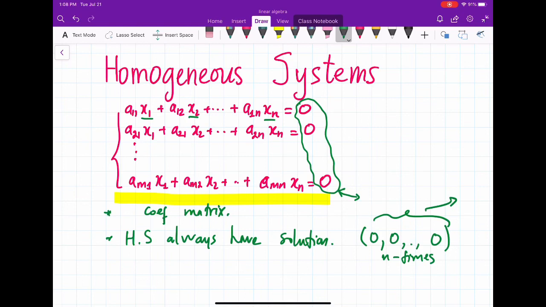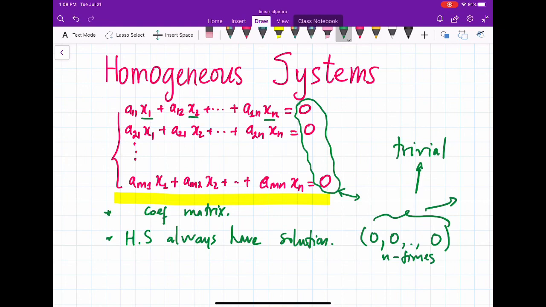Maybe just the zero solution, which we sometimes call the trivial solution. If a homogeneous system has another, non-trivial solution, that means the system has infinitely many solutions. Okay, so that is all about homogeneous systems.